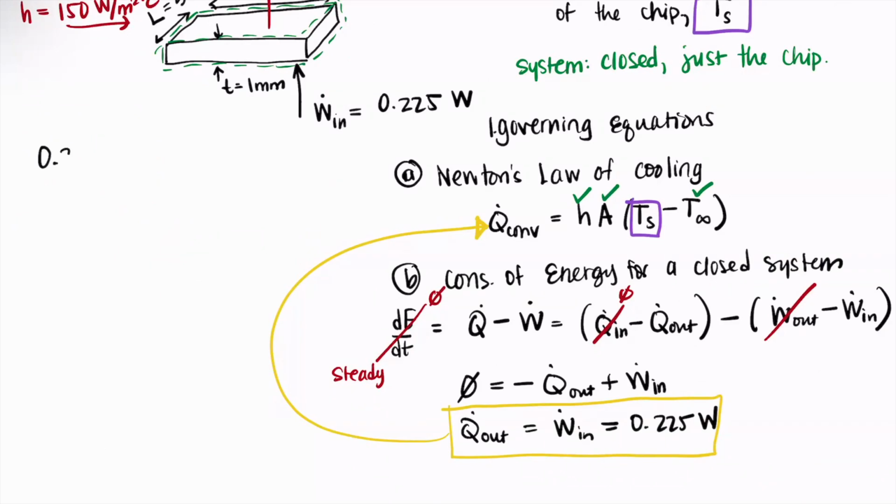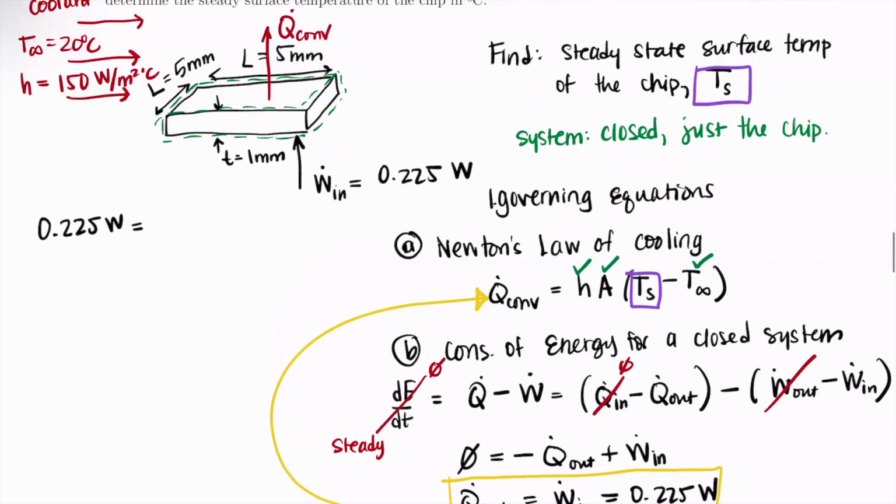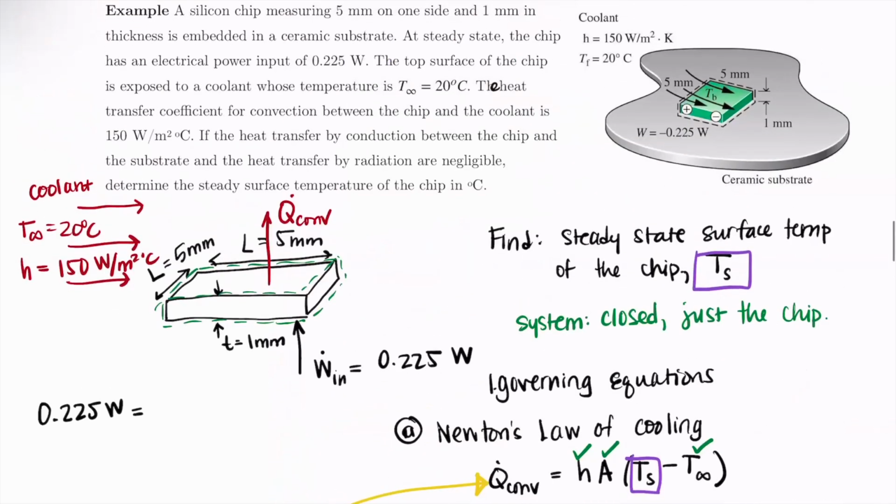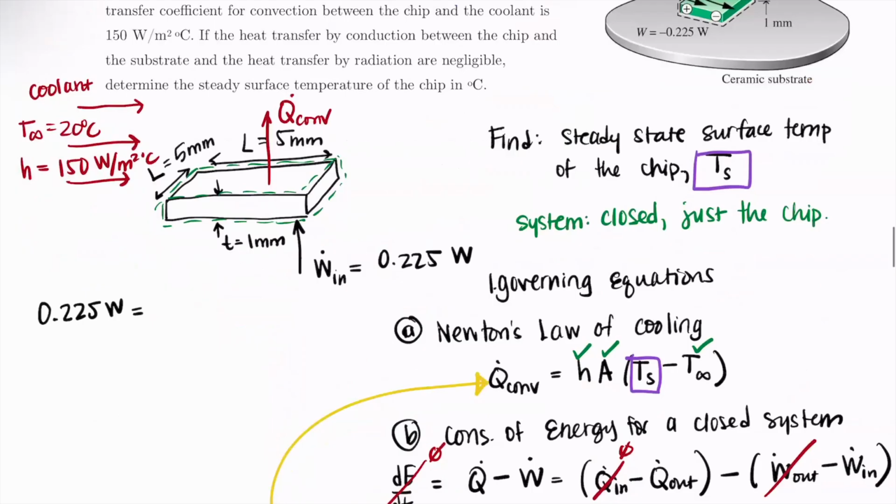So I have 0.225 watts is equal to H, which is 150 watts per meter squared degree C, times our area. What area should we use?